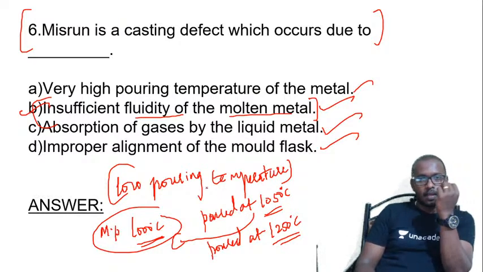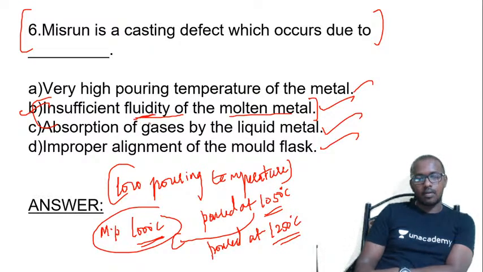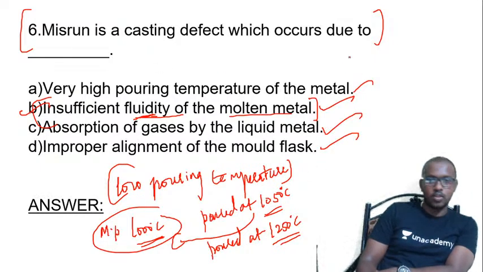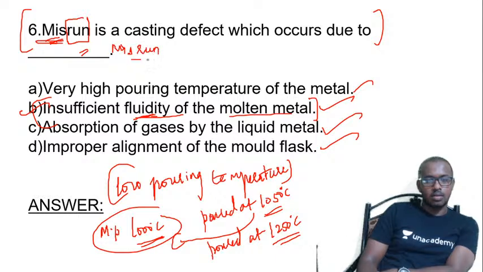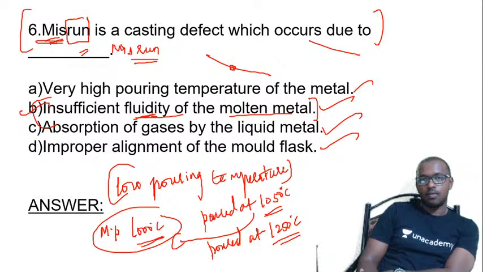Abhishek sir, sure. You just look at it. As a shortcut, I want to tell you, Abhishek, look at the keyword, sir. Run. If you miss the run, look at the word: M-I-S, miss the run. So what is running? If there is a 100-meter competition, from here you have to run to the final point, correct?